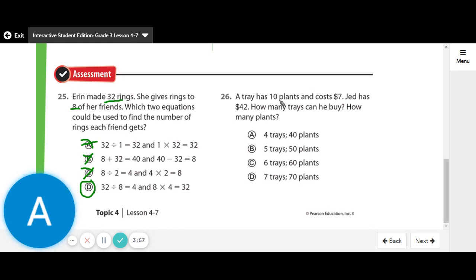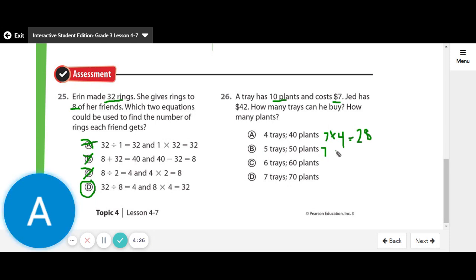Let's think about the trays first. A tray has 10 plants and costs $7. Jed has $42. So 4 trays would cost 7 times 4. 7 times 4 I know is 28. So I know he could buy 4 trays, but let's see if he can buy more trays. 5 trays.